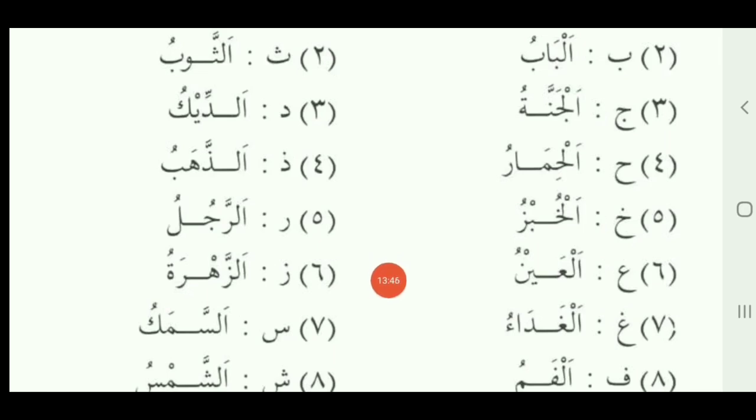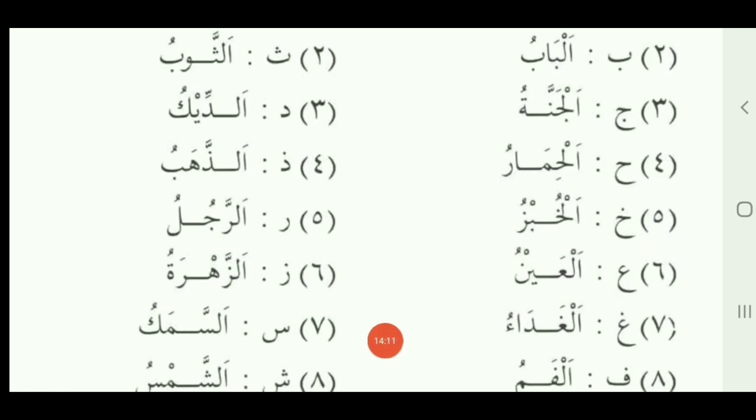And the next one is az-zaharatu. You can hear we pronounce a sign indicating there is also a lam before the zay. So here, az-zaharatu simply means the rose, a flower.